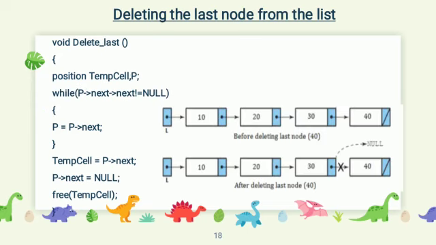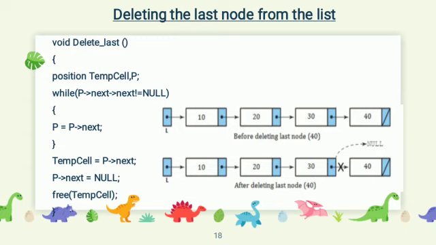Now let's see how to delete the last node from the list. Return type void. I use the function name delete last. Then declare the position of temp cell and the position of the last node. We find the last node by using a while loop. The loop starts from the first node.